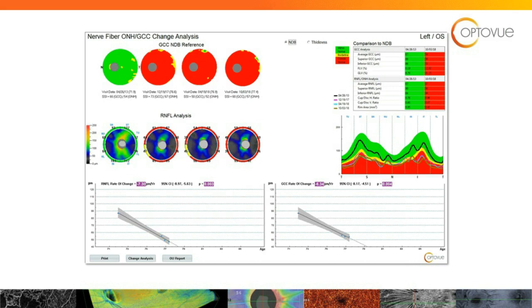I don't use it that way, but if I see an area that is being flagged as being thin, then I'll go back and look at the circumpapillary scan, and make sure that that lines up perfectly, to make sure that it's not something else that's causing it, like a bad scan or a blink in that particular area that's throwing things off. So that's how I would answer that question.